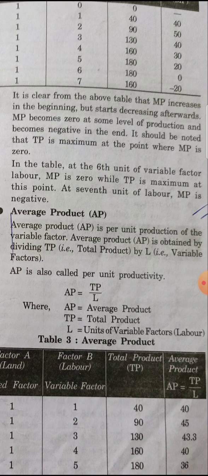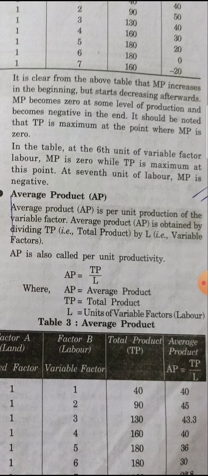So average product is obtained by dividing the total product by the units of the variable factor. AP, that is average product, is equal to TP by L, that is total product by the units of the variable factor. Then we can obtain the AP.